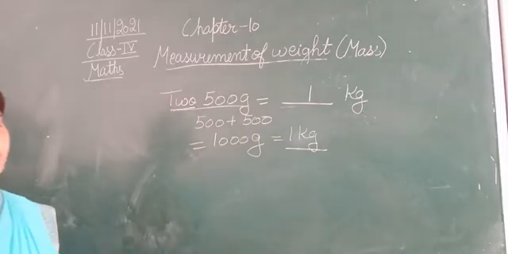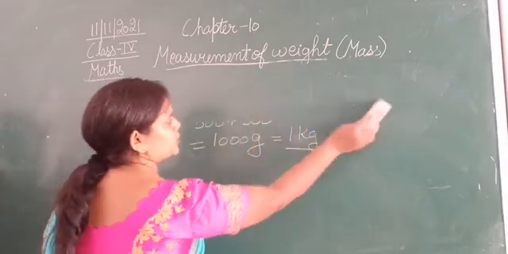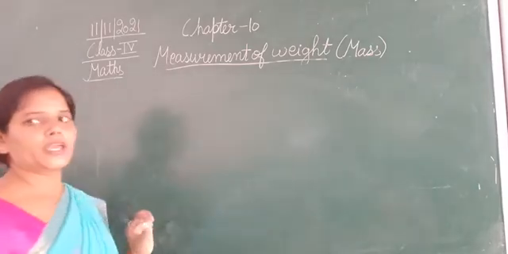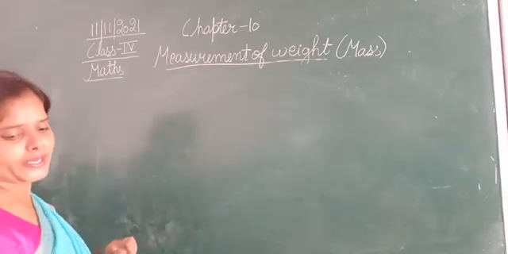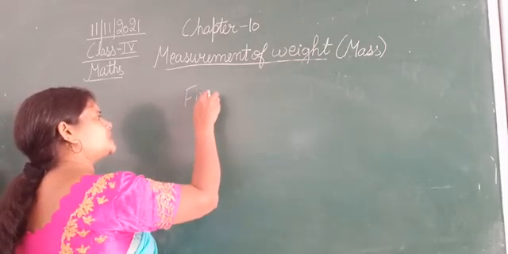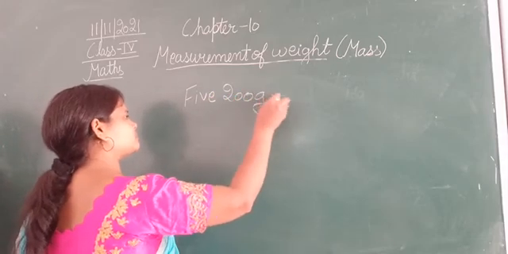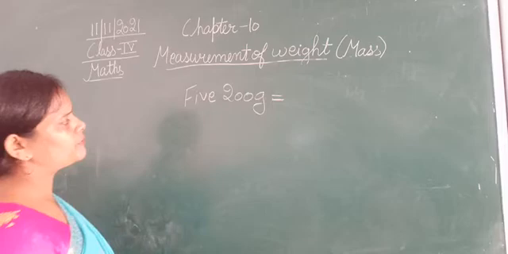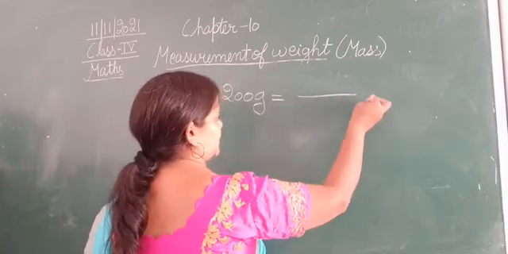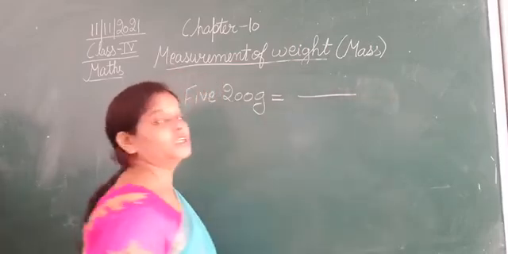Next, this is known as split of weights. That is how we split the weights, or we calculate the total quantity. Suppose you have 5 weights of 200 grams. How many kgs will it be?